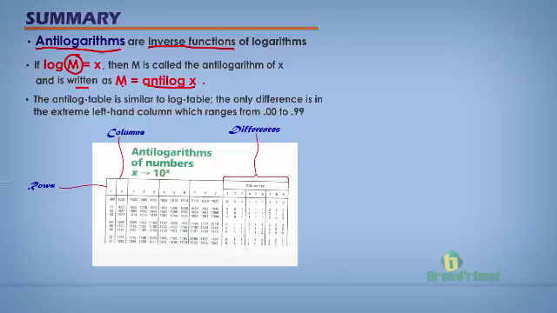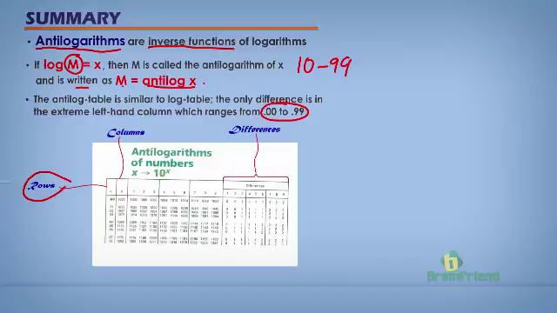We said the anti-logarithm table is very similar to the logarithm table. The only difference that we notice is in the range of its value. We said while the logarithm table ranges from 10 to 99, the anti-logarithm table ranges from 0.00 to 0.99. Also, we said the anti-logarithm table is similar to the logarithm table in that it is broken in 3 parts.